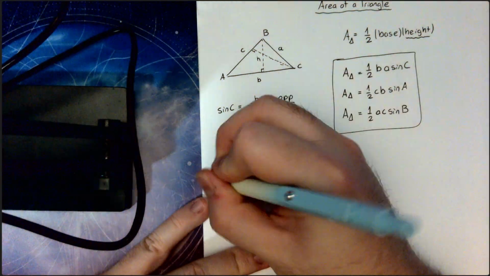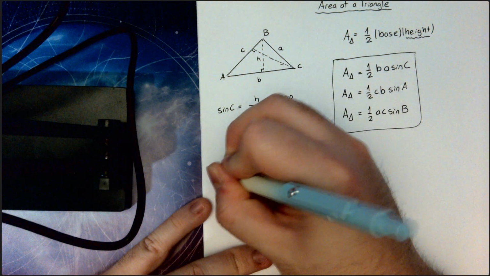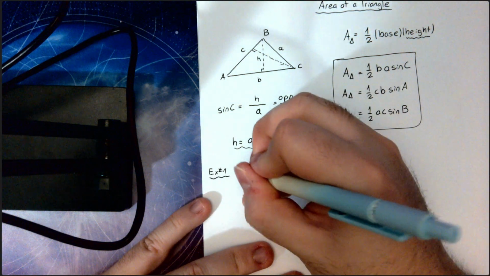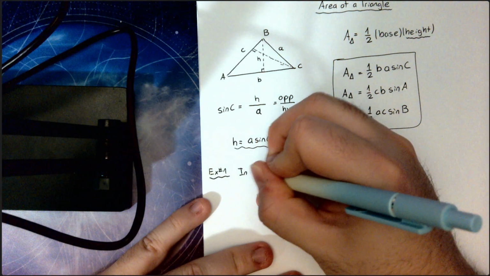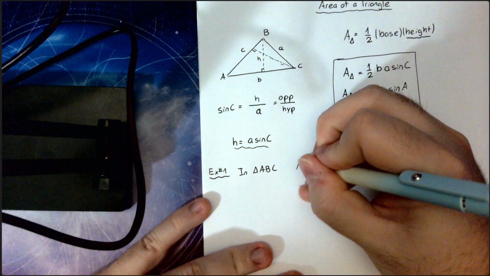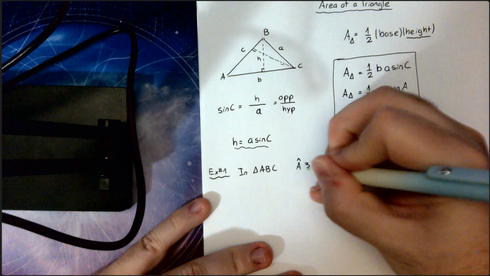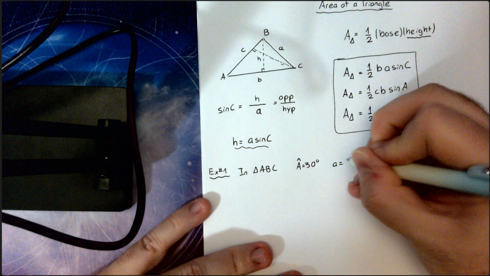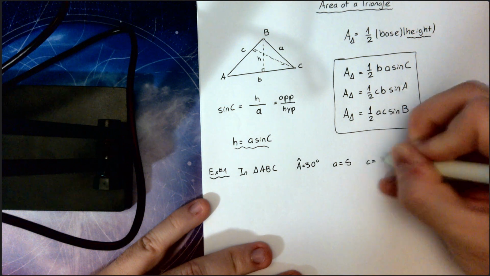So in example 1, in triangle ABC, I've got angle A is equal to 30 degrees, side a is equal to 5, and c is equal to 7.